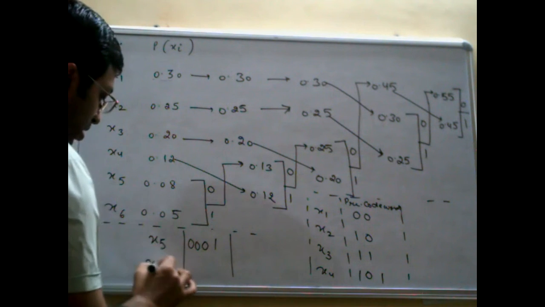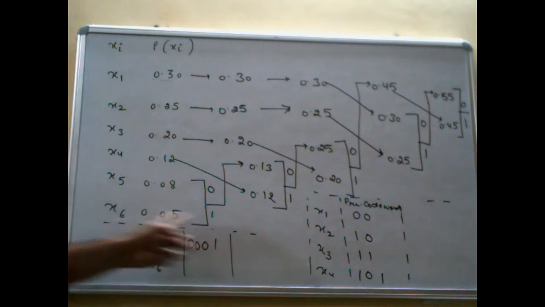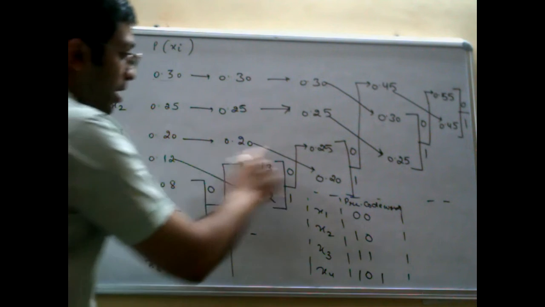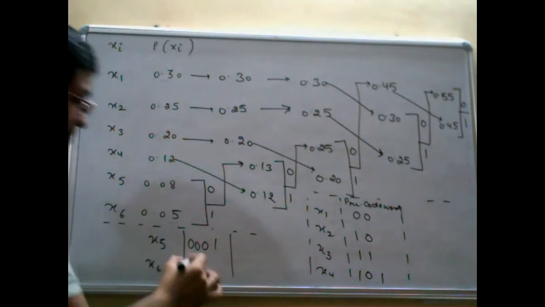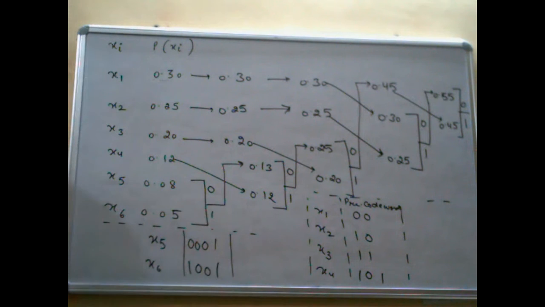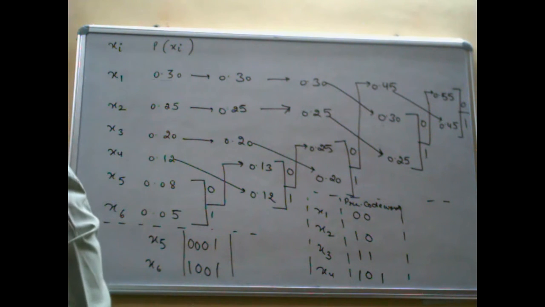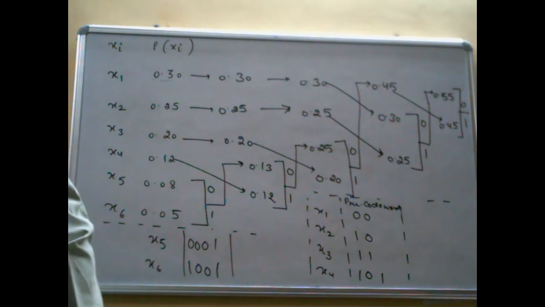Then for x6, it will be 1, 0, 0, and 1. Is this part clear to everyone? Yes or no? If you have any doubt, kindly ask.